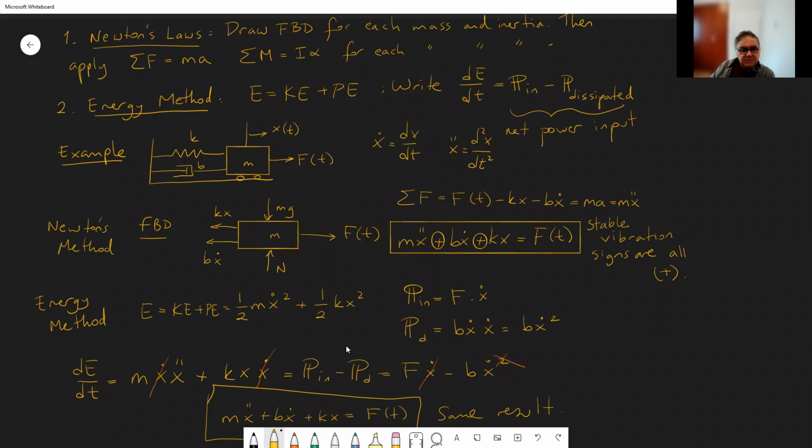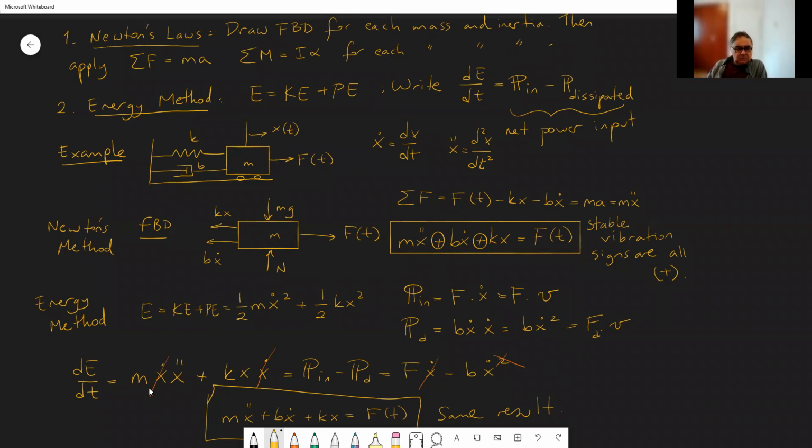So for the same system, we can do the energy method. Power in is the force times the velocity. This is velocity, as you know. Force times velocity is the power. And this is the damping force times the velocity squared, as you see. Sorry, not force. It is the damping force times the velocity, rather.